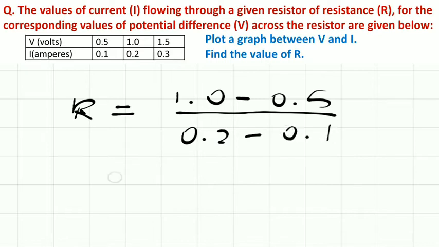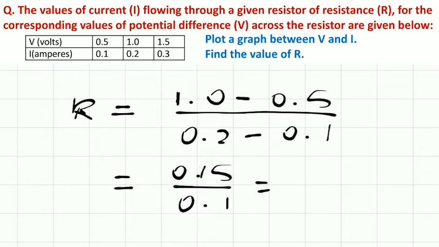So let's solve it. 1.0 minus 0.5, it becomes 0.5 upon 0.2 minus 0.1, it becomes 0.1. So we get the value of R as 5 ohm. This is the value of R with the help of this graph and the table given.